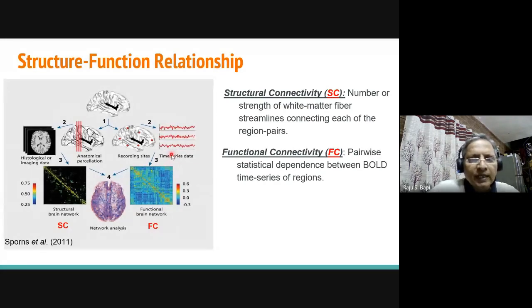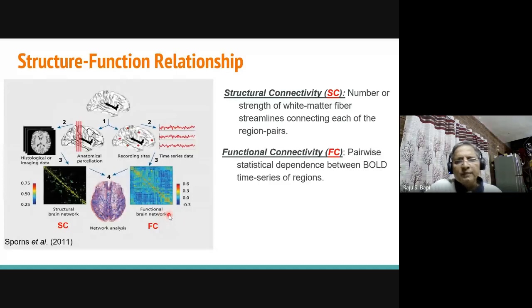You can use any of the measures that are available for time series correlations, and you can summarize all of them in a matrix. Again, this could be a 68 by 68 functional connectivity matrix.